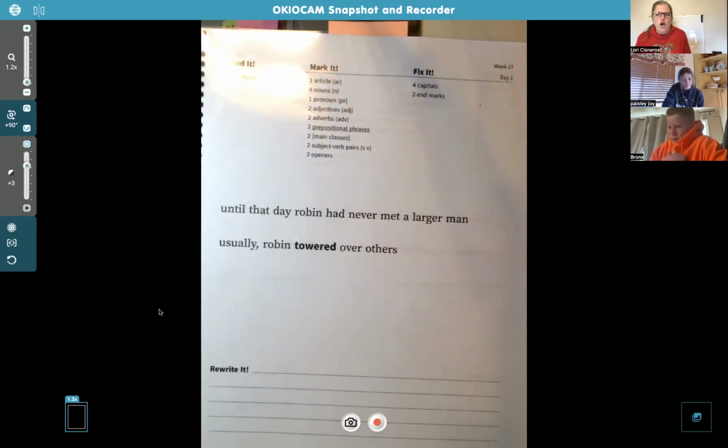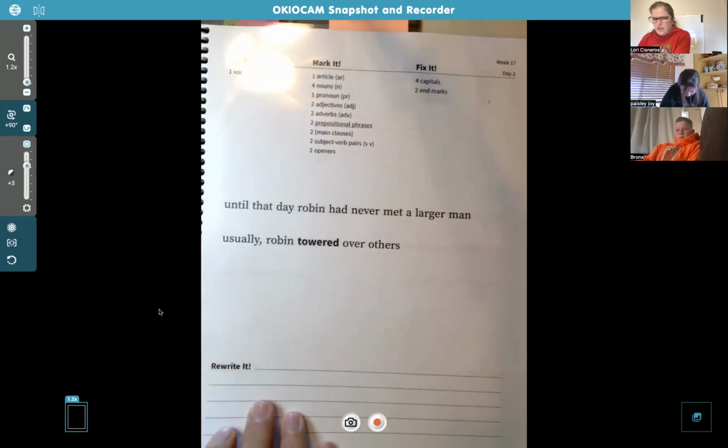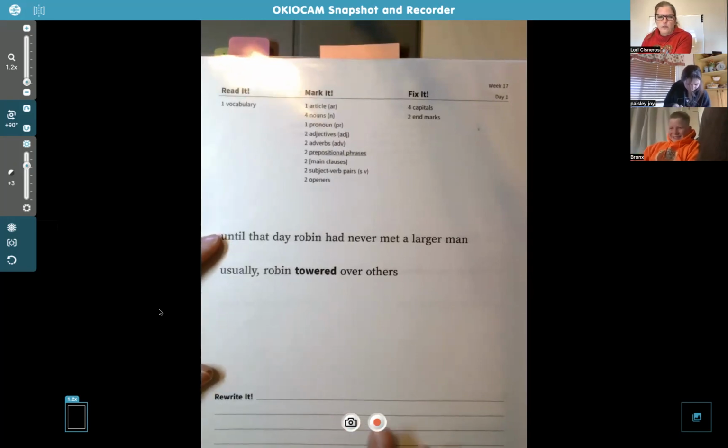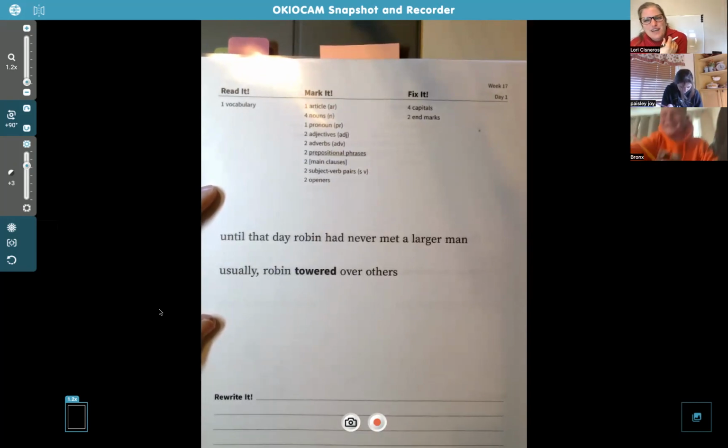Towered just basically means he's tall, right? Towering means he's really tall, and he's taller than the people around him. I'm thinking like a basketball player. Like a pro basketball player, those guys are crazy tall. Some of them are like 7 feet tall, right? And they do have an advantage if they're really tall.